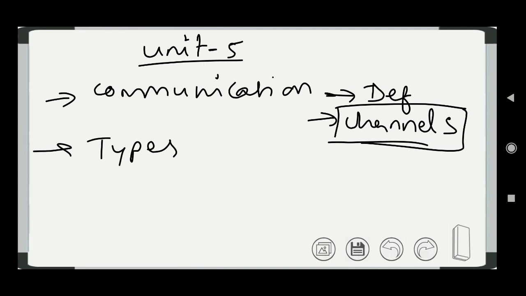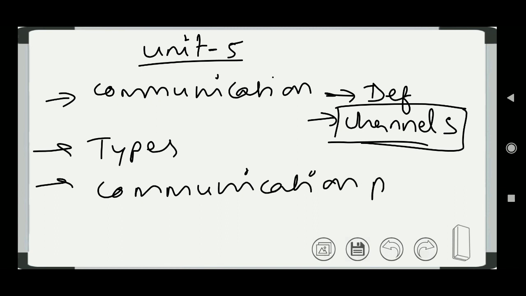So next, the communication process is also important, direct for 10 marks questions. Communication process, types, processes, also important concept.